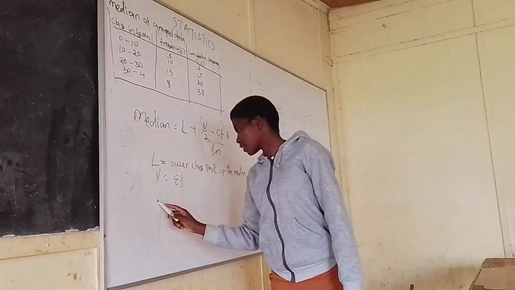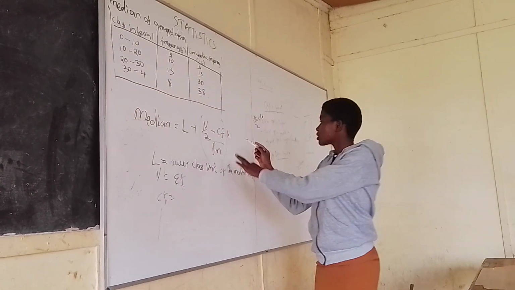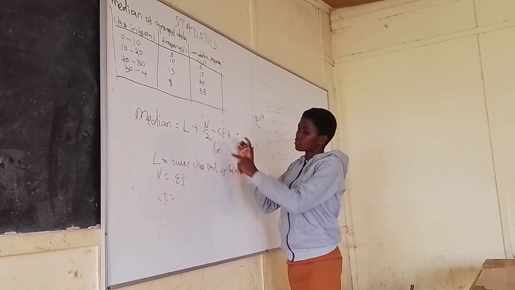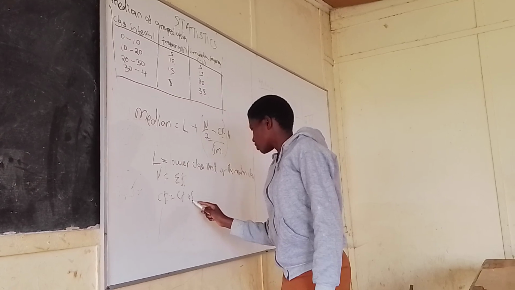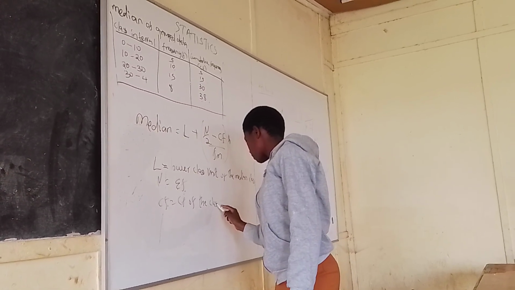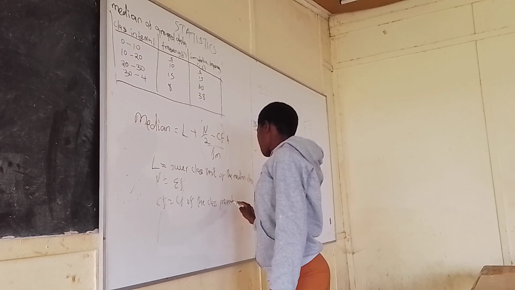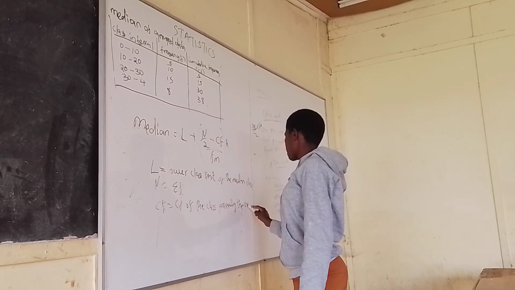Then we have CF. So CF is cumulative frequency. But the CF we're going to use here is the cumulative frequency of the class preceding the median class.